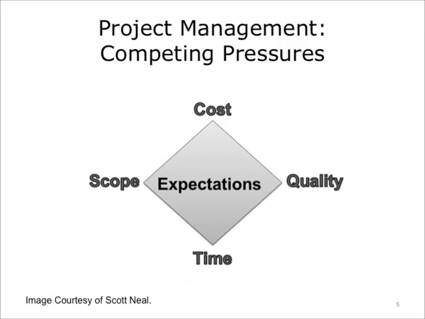As this picture suggests, successful project management means effectively balancing the components of time, cost, scope, quality, and expectations, each having a symbiotic relationship as represented by the diamond shape in the center. This is referred to in project management circles as the project diamond.